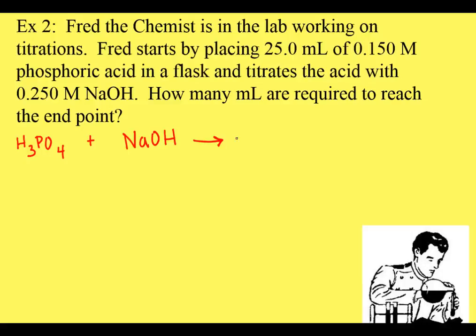The hydrogen and sodium will switch places, and so we will get sodium phosphate, and if you check the charges, sodium is +1 and phosphate is -3, so it should be written Na3PO4, and the other product is water. To balance, we'd need a coefficient of 3 in front of NaOH and a 3 in front of water.